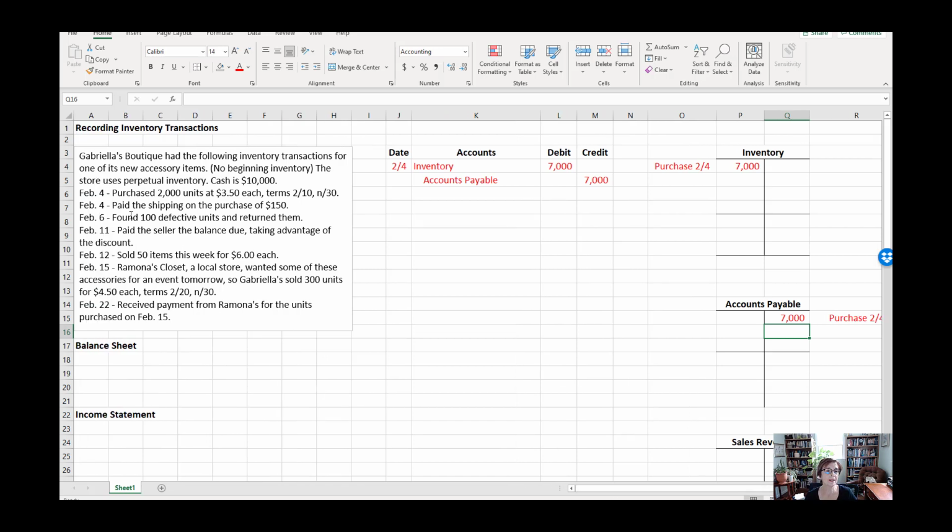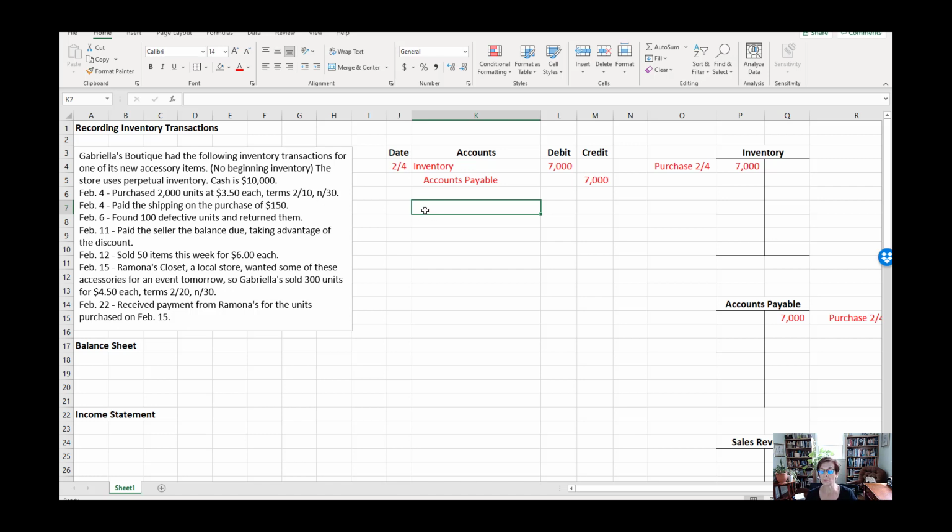Okay, so next thing is we pay shipping of $150 on the purchase. Now, what happens is these are two separate invoices. The company that we bought the inventory from, we owe this $7,000 to, but then there's a freight company and we have to pay them separately. Remember that freight is an additional cost of inventory.